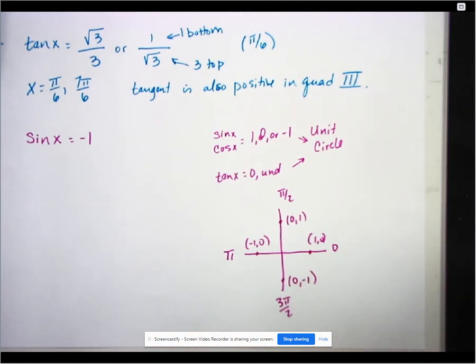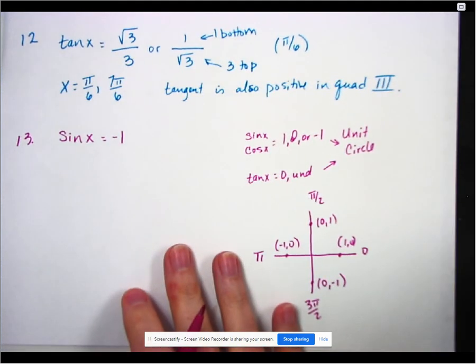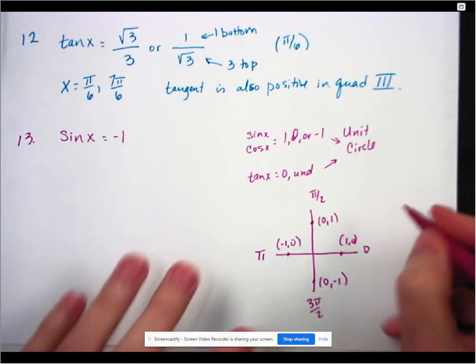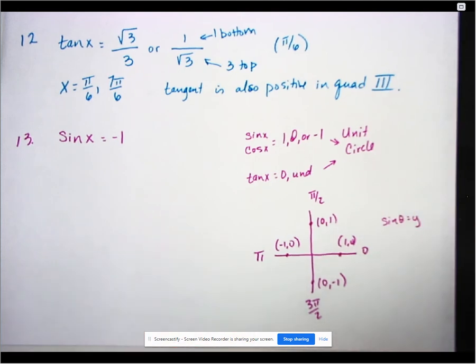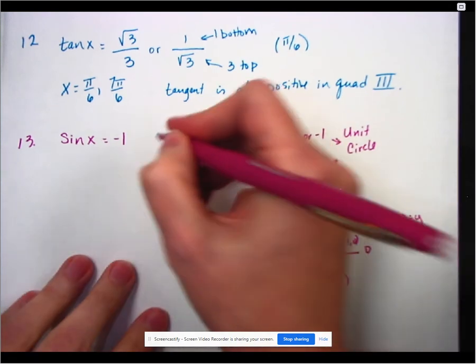Okay, so if I want to find an angle whose sine is -1, on the unit circle, remember, sine of the angle is just going to be the y coordinate. So we're looking for an angle on the unit circle where the y coordinate is -1.